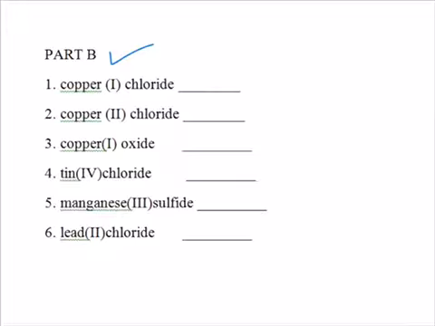I guess we can't do our homework because we just don't know the charge of copper. We can find chloride coming from chlorine, and we know that that's a -1.